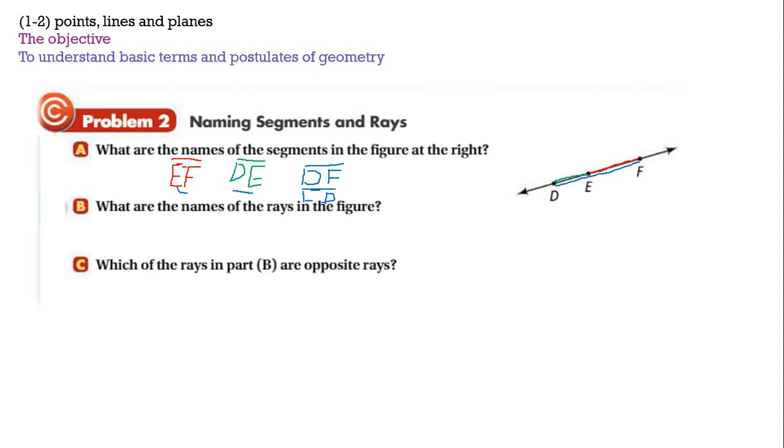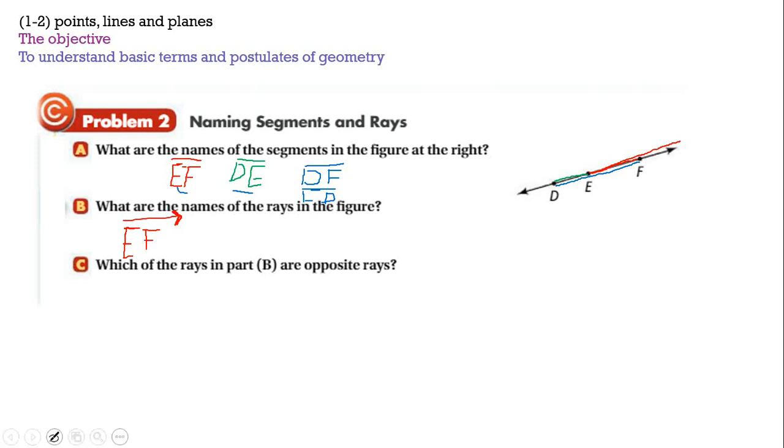What are the names of the rays in the figure? Now we have rays. How many rays do we have? We also have 3 rays. Again, the first ray is this one, EF. The only difference is you will put a line on it like this.